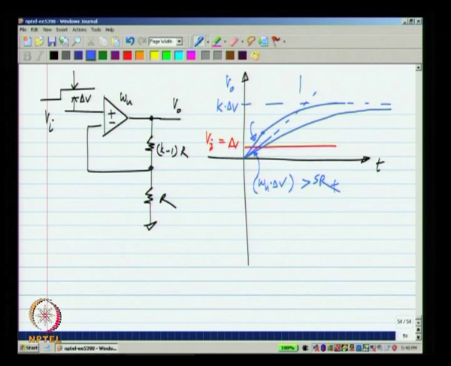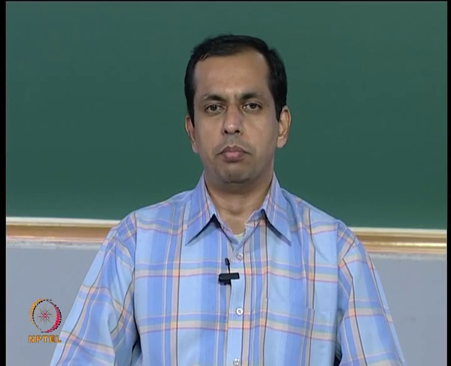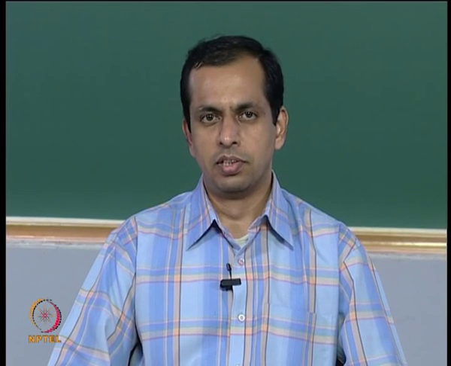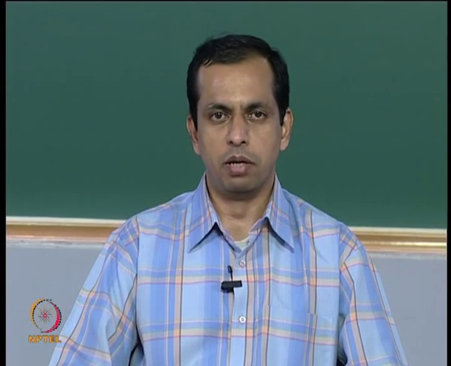So, these things become important when you are looking at the amount of settling error after a given time. Let us say after a given period t naught, you are looking at how far the output is away from the desired value of k delta V. Now, if you assume a linear model, if the op amp is an integrator, this value is some constant fraction of the input.